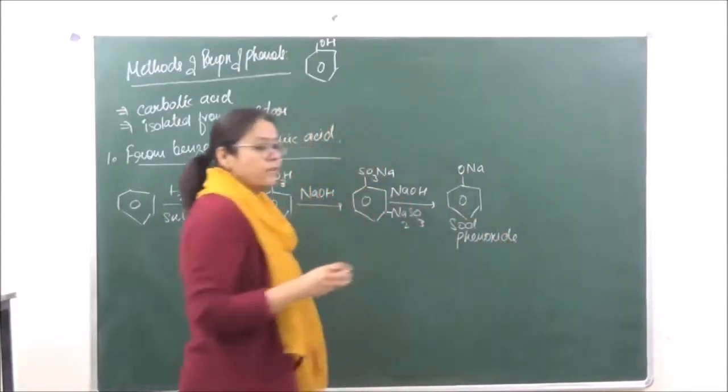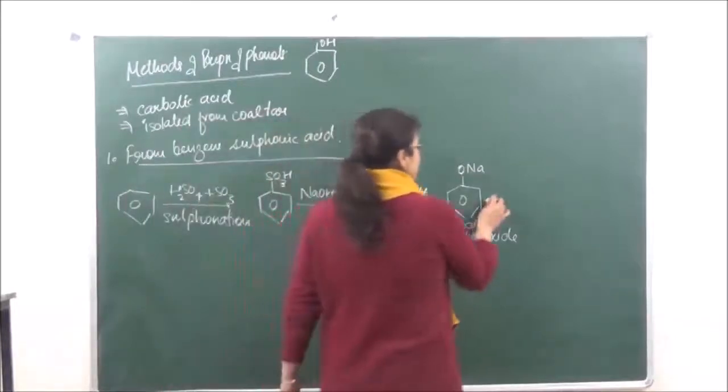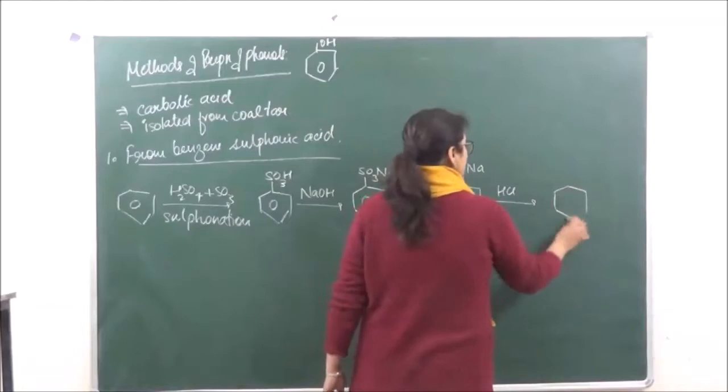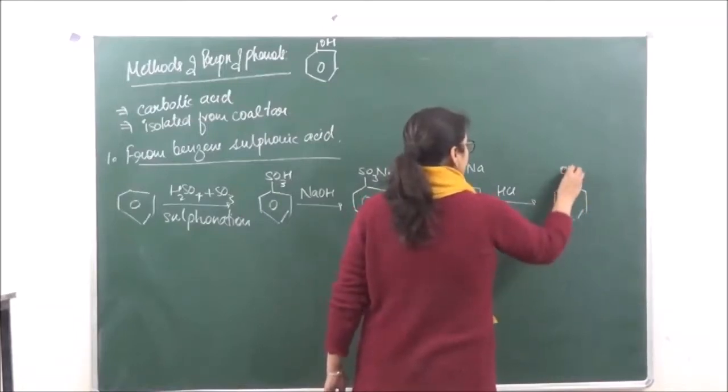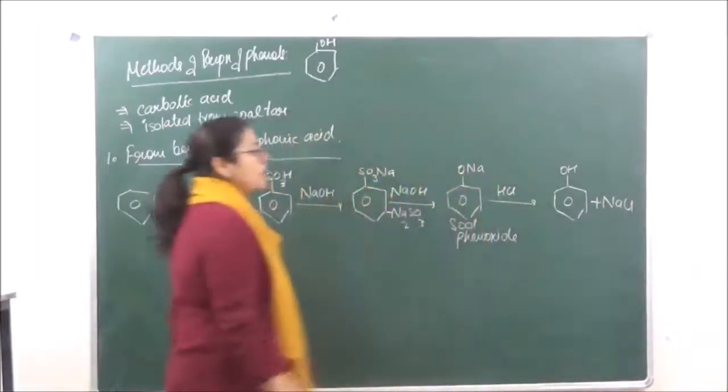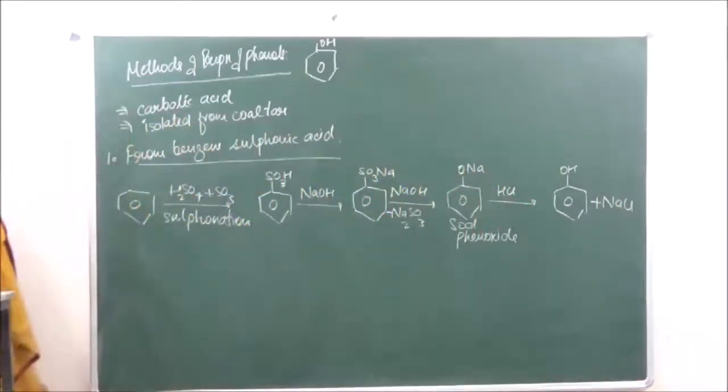This is sodium phenoxide. This is then reacted with HCl to give us phenol plus NaCl. So this is how we are going to get phenol over here.